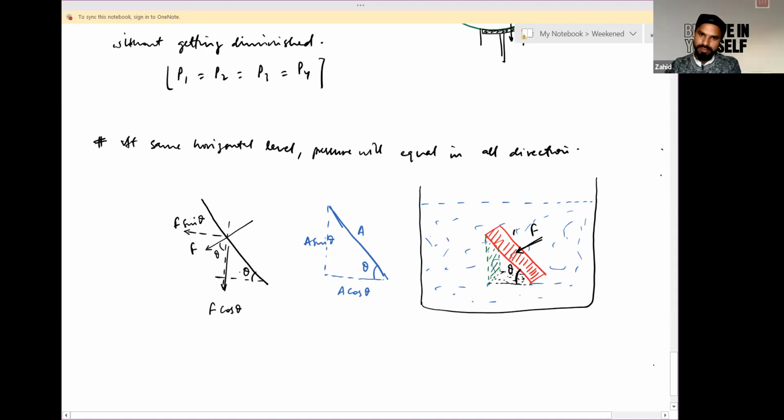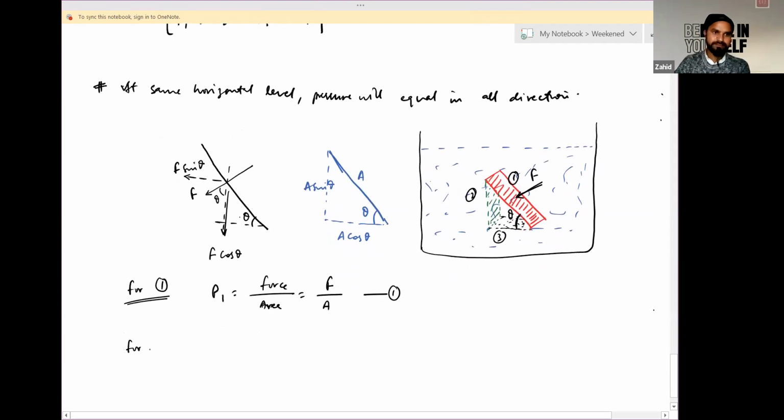Now suppose this is surface first, this is surface second, and this is surface third. For the first surface, pressure is equal to force divided by area of cross section. So force is F, area of cross section is A. Let's say this is equation first.